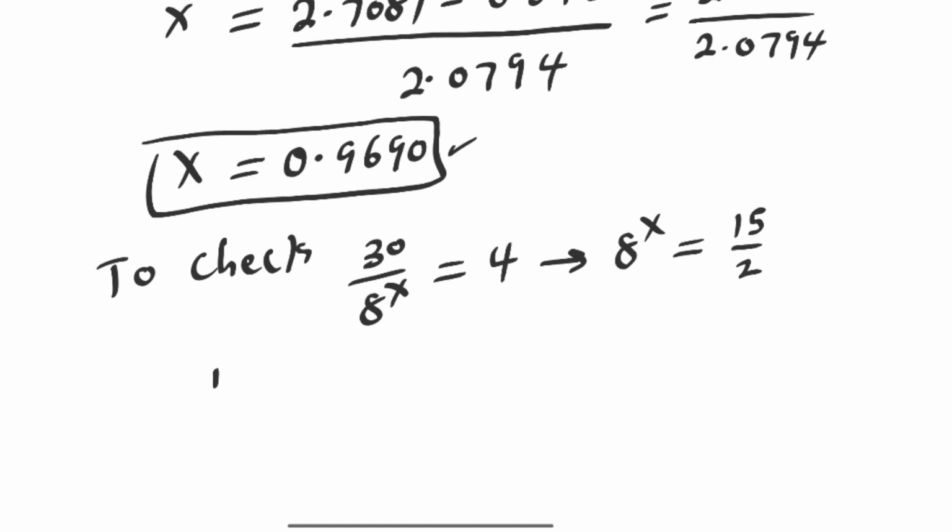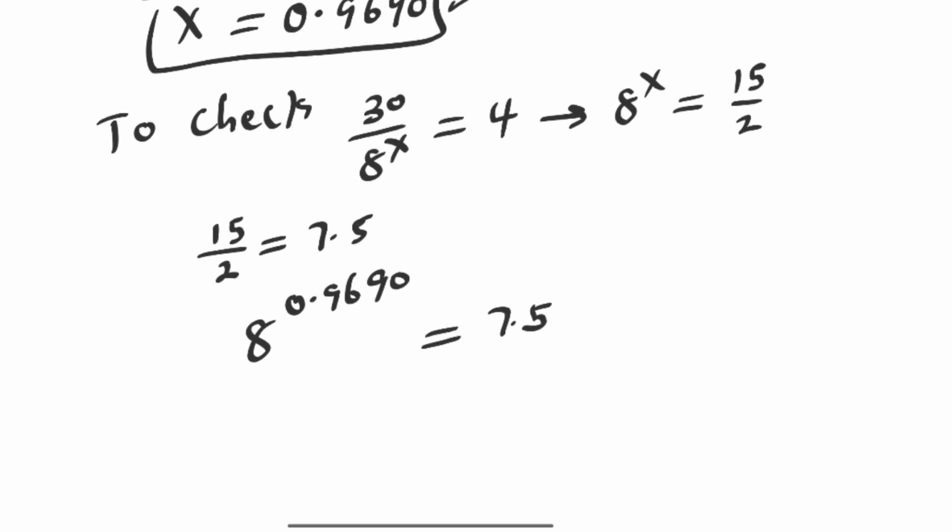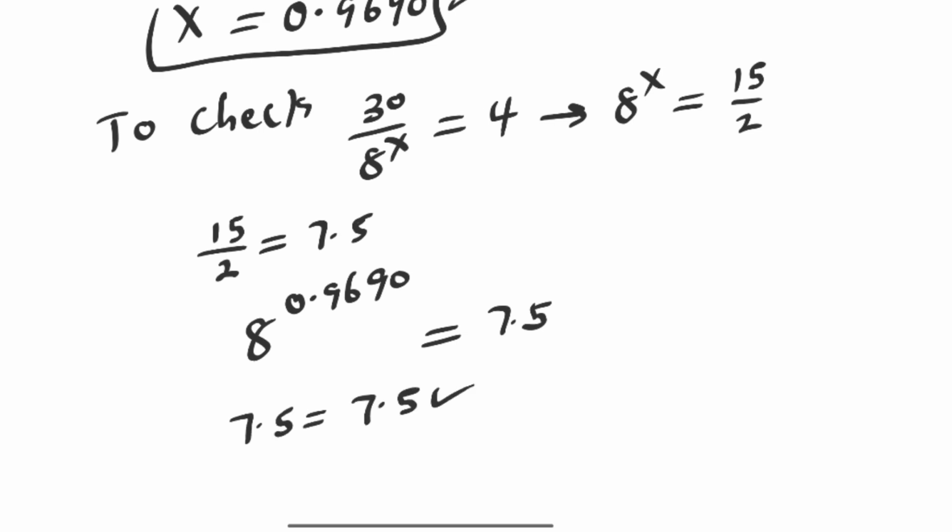We know that 15 over 2 is equal to 7.5. Then 8 raised to power 0.9690 is equal to 7.5. Therefore, the left hand side 7.5 is equal to the right hand side 7.5, which is true.